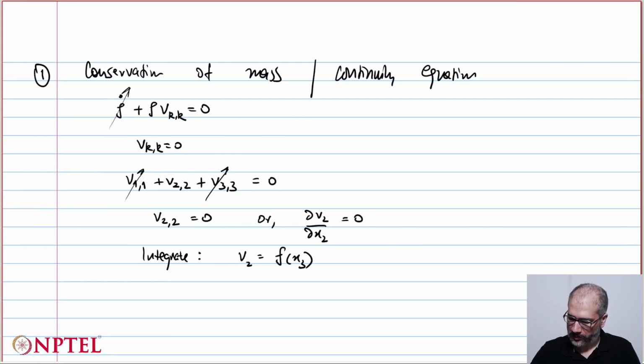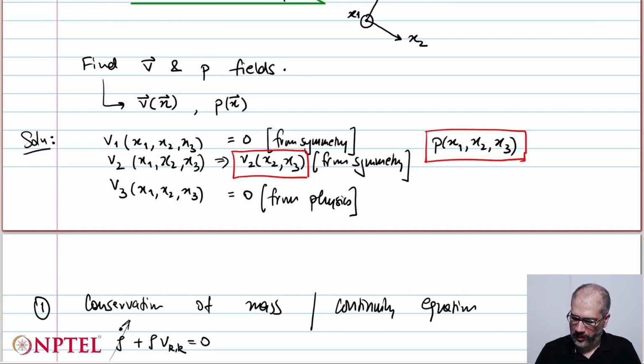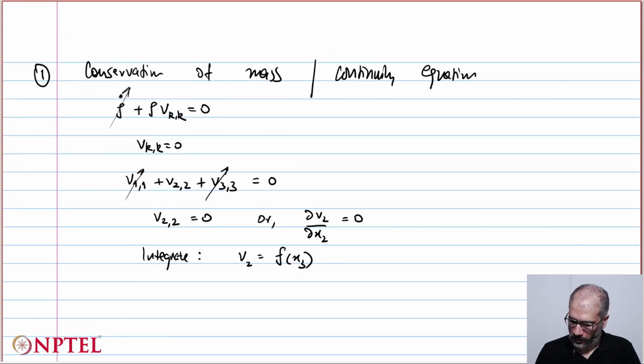And if I go back, we had stated here that V2 in general was a function of x2 and x3, but due to this continuity condition, we have found out that V2 actually is only a function of x3, not x2. So I can express this as V2 is purely a function of x3. So that even simplifies the situation further, that we need to find V2, which is purely a function of x3 now.